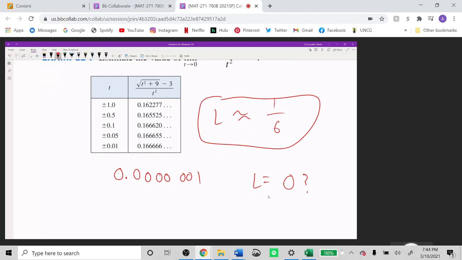Let's look at another one here. Estimate the value of the limit as x approaches 0 of sine of x divided by x.